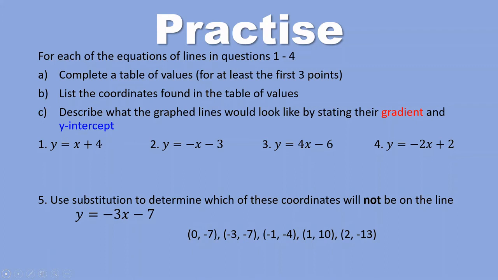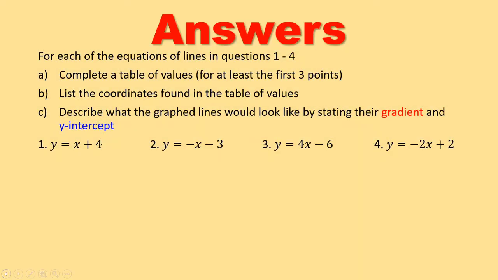I hope you had a chance to hit pause, because here come those answers. For questions 1 to 4, let's go step by step. So to complete the table of values, for question 1, when x is 0, y is 0 plus 4, so that's 4. When x is 1, y is 1 plus 4, so that's 5.